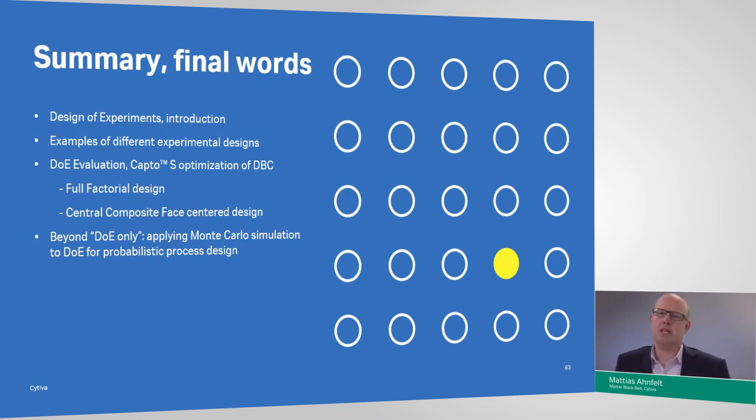We make point predictions using the DoE polynomial, and DoE transfer functions alone run into a little bit more of a problem when it comes to the question of quantifying how variability in the process inputs is translated through the process or through the transfer function into variability on the process outputs. And this is where probabilistic approaches, such as applying Monte Carlo simulation to the DoE transfer functions, offer a very good addition to the DoE approach.